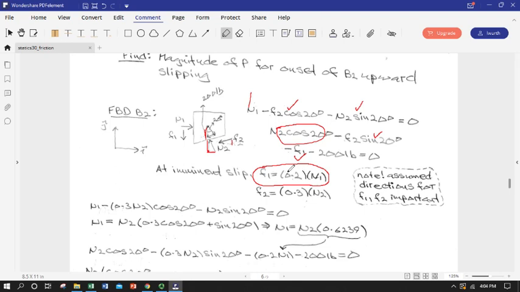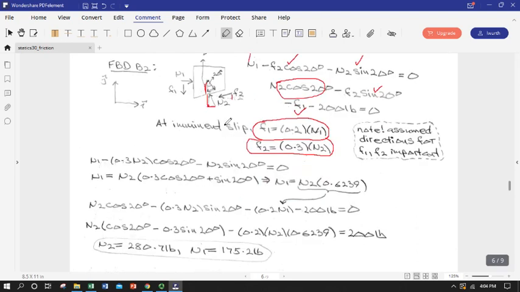So that basically got rid of 2 variables, or you could say I introduced 2 more equations. Now effectively I have 4 equations and 4 unknowns, and so I can solve for N1, N2, F1 and F2 at this point. I can get all of them out of this FBD.